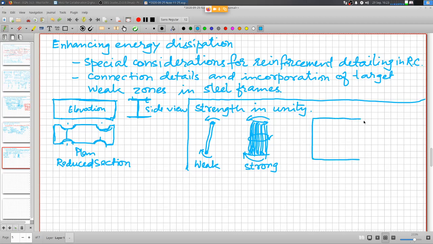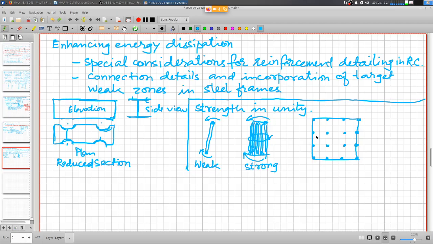So that is what we do in a building plan as well. If I draw a typical building plan, there would be columns along the grid lines. Let us have the grid lines.